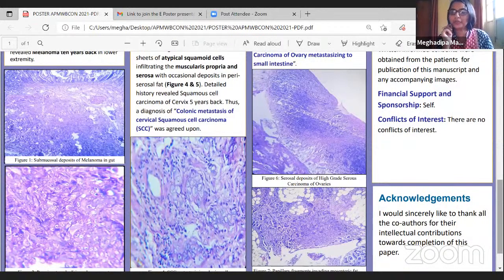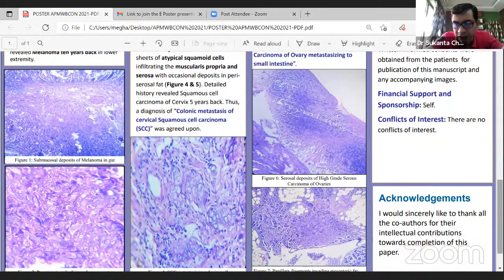CEA may be positive in abdominal and intestinal malignancies, like that. CA is for any adenocarcinoma. And for confirming the intestinal primary or GI primary, any marker which indicates GI origin, intestinal origin.